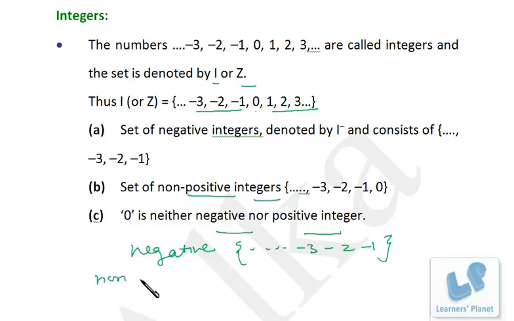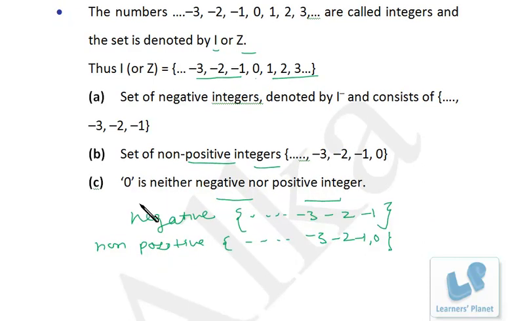If we call them non-positive, then 0 will also be included. If we wish to get the set of positive integers, the set will start from 1. In that case 0 will not be included because 0 is neither a negative nor a positive integer.